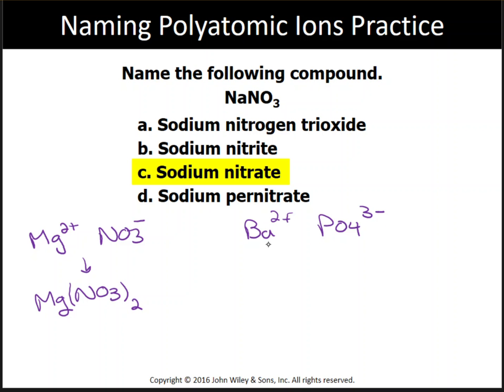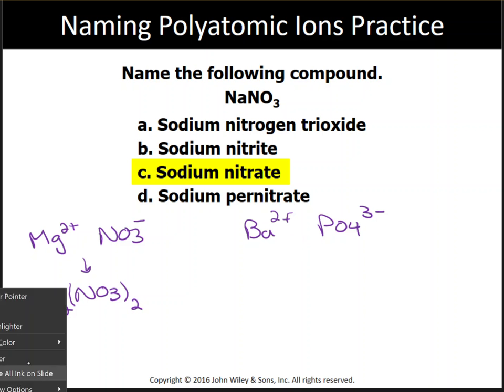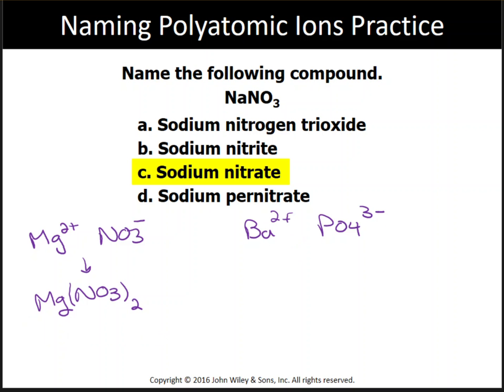So to write the formula, barium is a metal, phosphate is an oxyanion, so first of all, we write barium and then phosphate. Now, second step is balancing the charges by using subscripts. So I'm going to swap the charges between barium and phosphate. I'm going to give barium a 3 and phosphate 2.